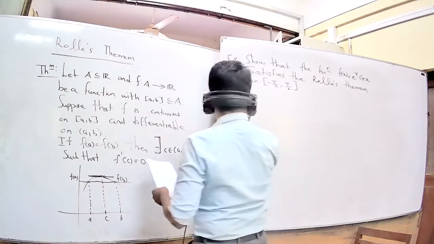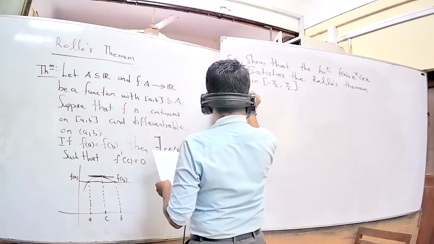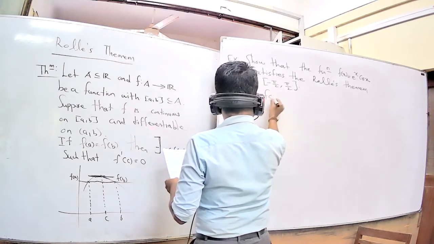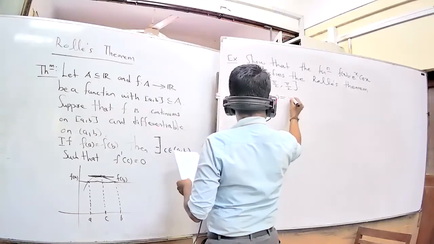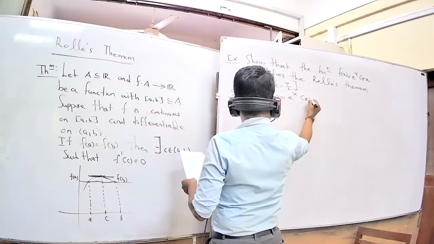So for the solution, your function is f of x equal to e power x cos x.